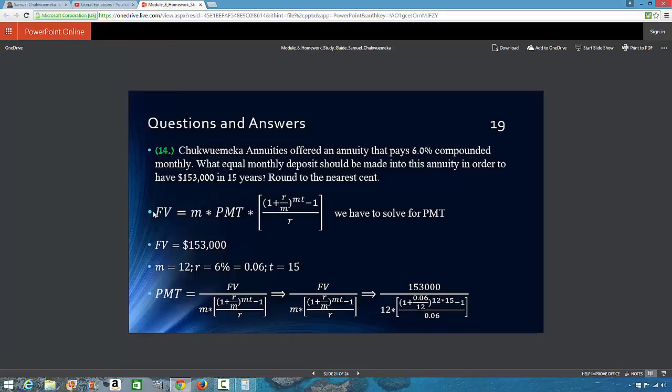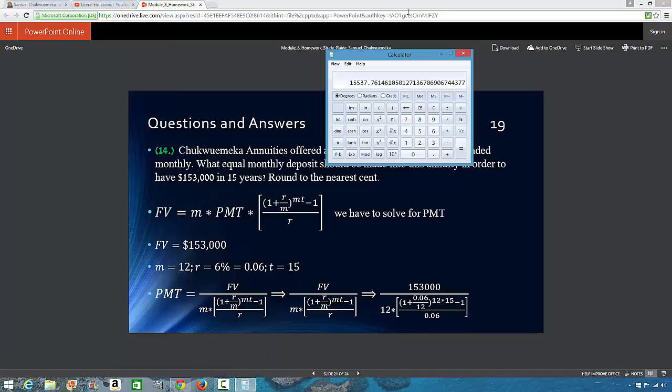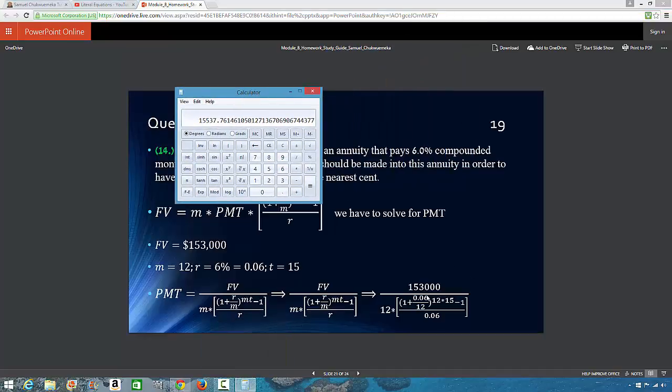So in this case, it's future value formula, but you have to solve for the payment. Okay, and I explained the process here, so please view literal equations so you can have the idea. All right, so this is the formula here. Let us do this in the calculator.